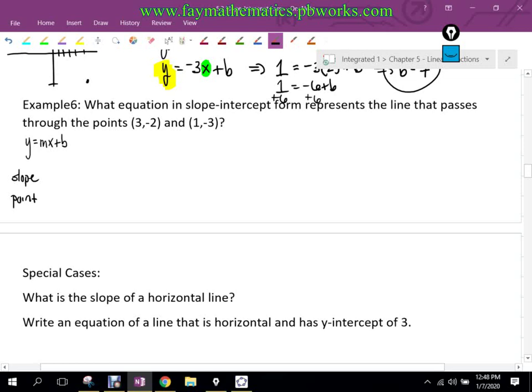Now in these examples I show, we're talking about what different points they can give us and how we can make our work a little bit easier based on those points. But every single line that you need to develop the equation for, those are the things that you need.